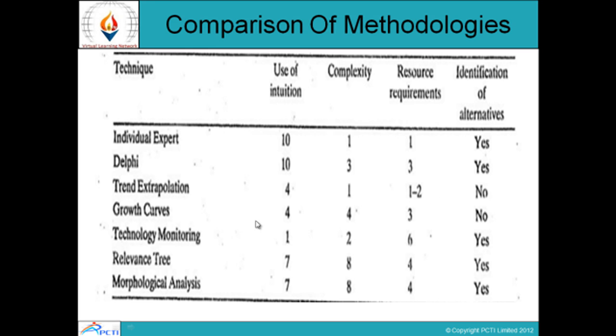In growth curve, use of intuition is 4 and complexity is 4, resource requirement is 3 only, and no alternative. So this is the comparison showing which method requires which things. Technology monitoring is more appropriate because use of intuition is 1 in that case.